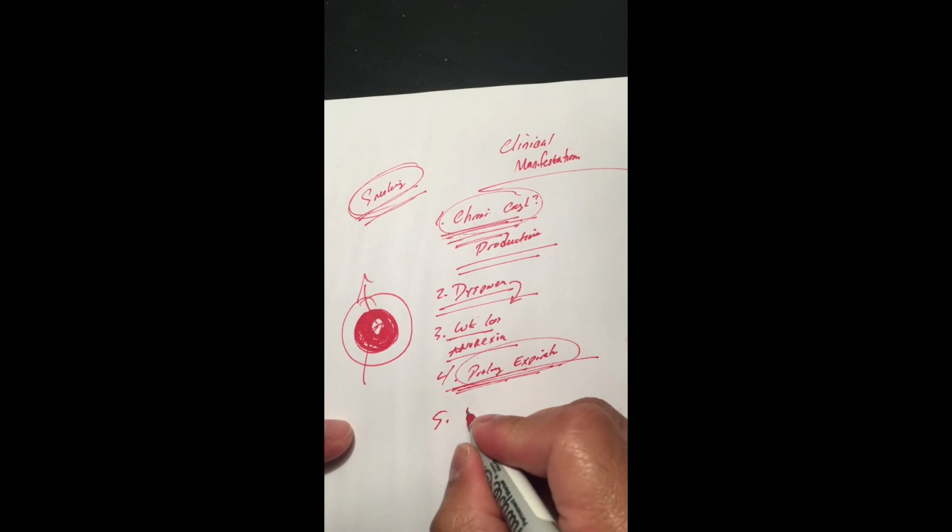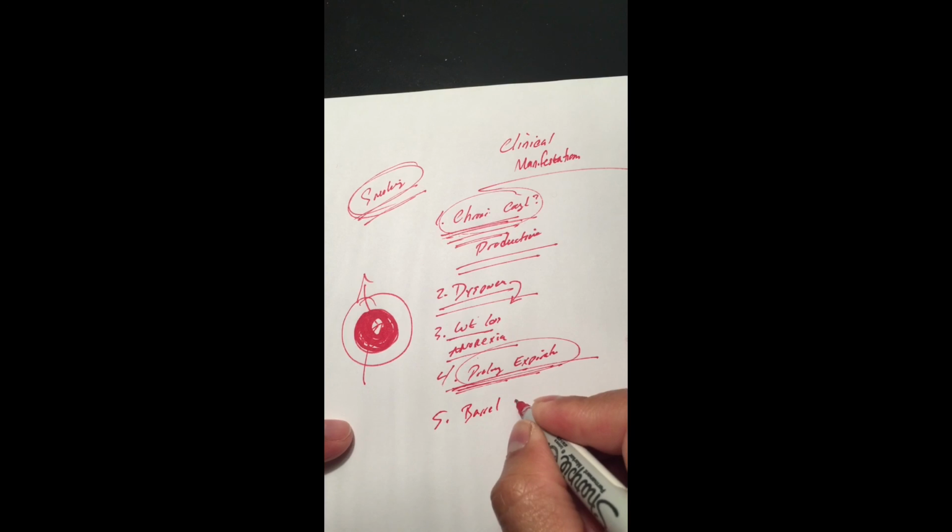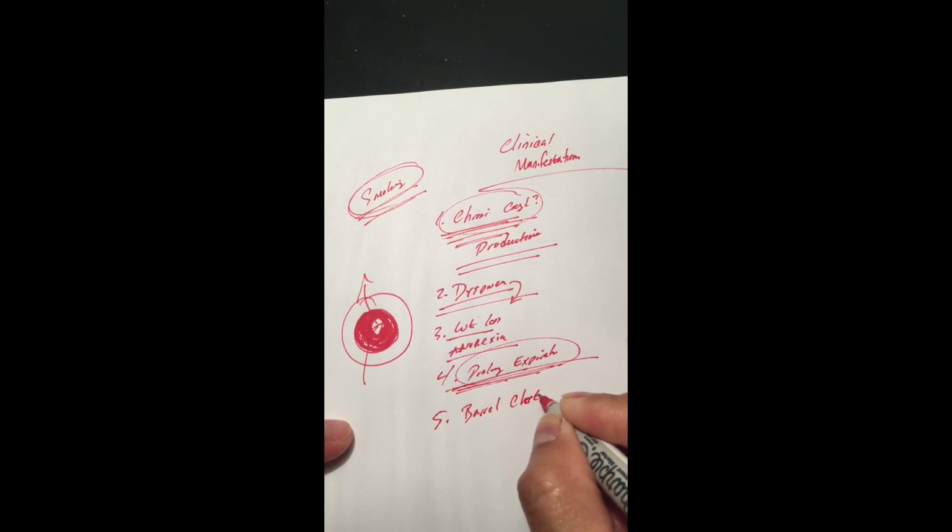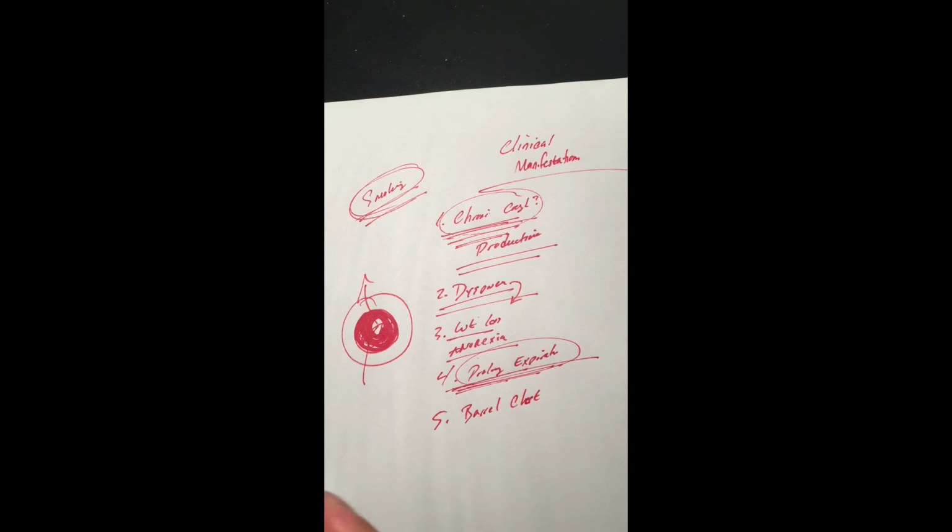Now 5, barrel chest. Now again, you stop using the diaphragm to breathe, and instead patients begin to use their chest muscles to breathe. And this is very, very forceful. This is very, very hard on those chest muscles. And throughout time, again, this is a chronic thing. This is not acute. You do not go from one day being fine to the next day suffering from COPD.